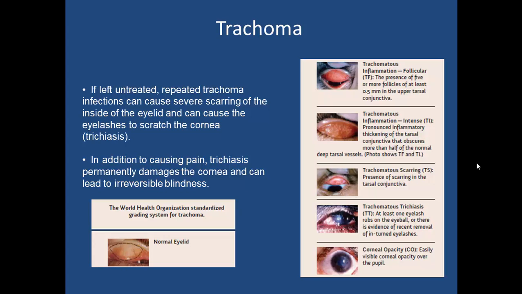Back to trachoma. I'm sorry about that little side note. So here's just a slide of what the trachoma looks like. On a normal eyelid, you'll see it's a nice healthy pink color, but as the trachoma bacteria starts to infect the eyelid, it starts to get more and more inflamed and red. And as it gets inflamed and red, the eyelid actually flips inward, and the eyelashes will start to scratch the cornea.